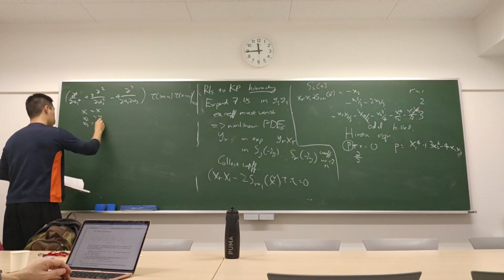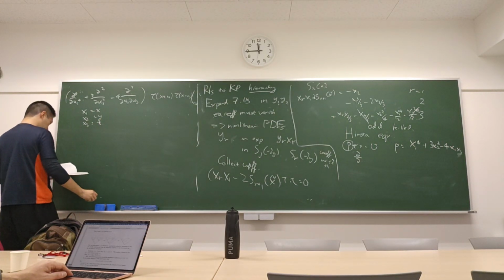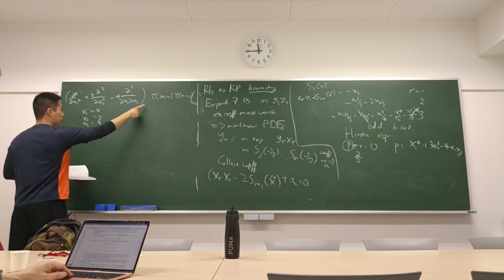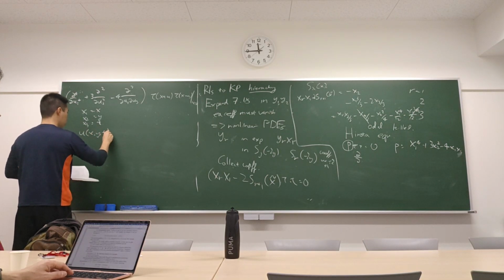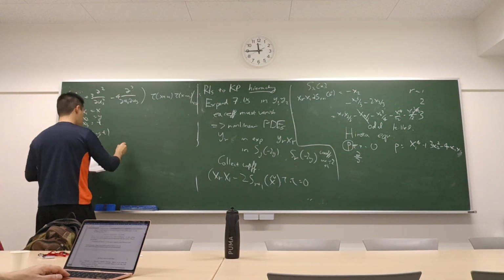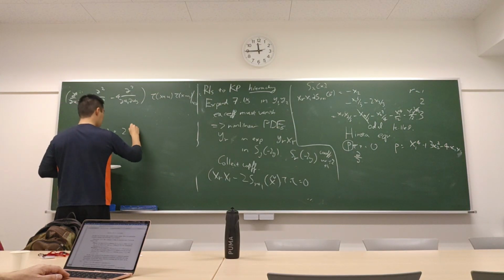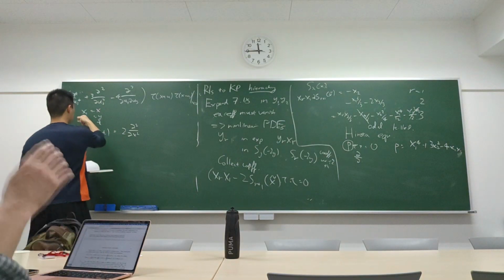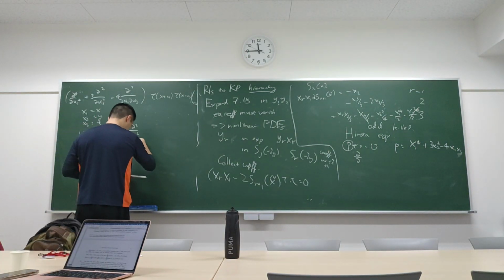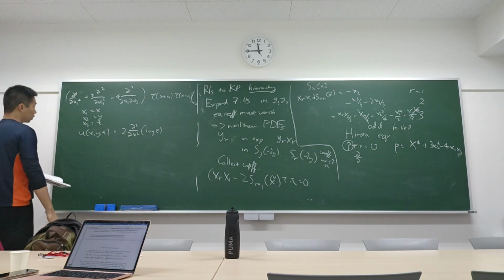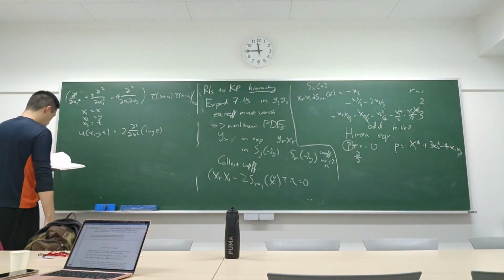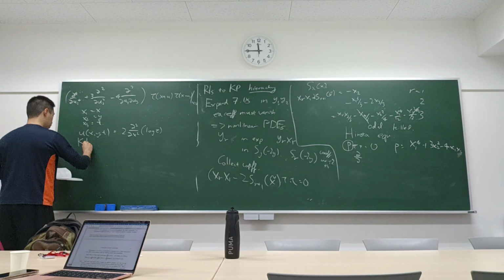And there's a trick involved which introduces a new function. So whatever we have here, tau, is going to be packaged up in this new function to make it look like the KdV equation. So this will be 2 del squared over del x squared, where x is now this previous x1 thing. This will be the log of tau. And after you calculate, this gives you the KP equation.